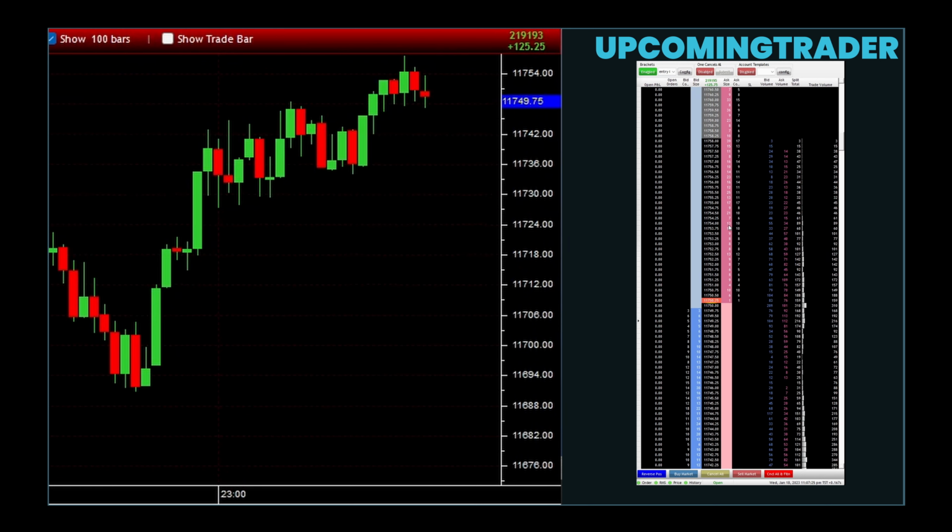Similarly, during a double bottom, if the PVT starts to rise as the second low is forming, it suggests stronger buying pressure and a higher likelihood of a bullish reversal. This makes the PVT a great confirmation tool for these classic reversal patterns.